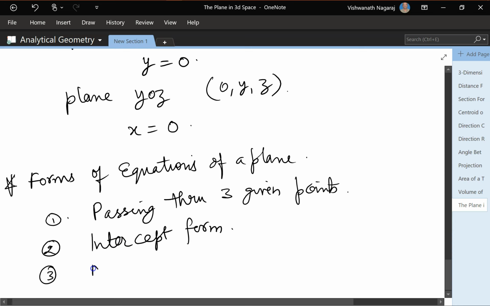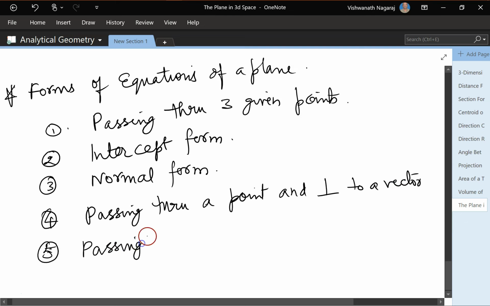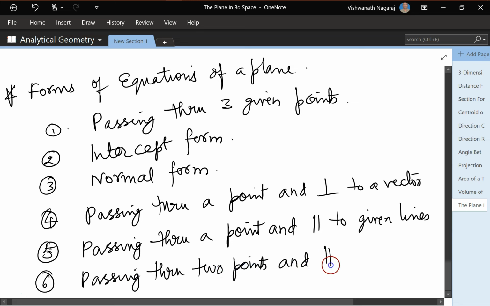Intercept form, normal form, passing through a point and perpendicular to a vector, passing through a point and parallel to given lines. And finally we'll look at passing through 2 points and parallel to a given line.